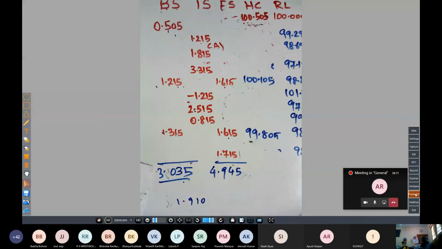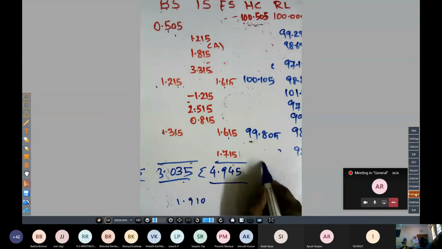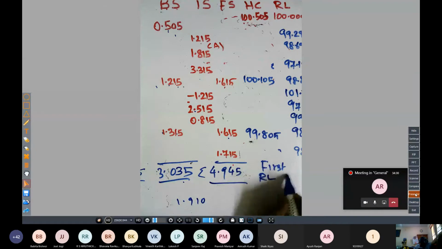Okay. Is it okay? Take the sum of sigma BS and sigma FS, right? Find out the difference between the first RL and the last RL.